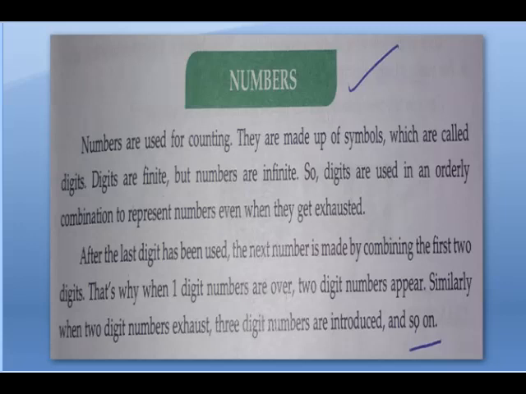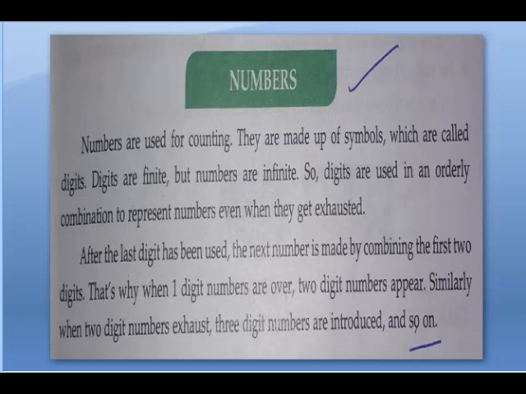Digits are finite but numbers are infinite. How digits are finite? Digits means the numerals from 0 to 9. So we are able to count. There are 10 digits, that is 0 to 9. But numbers are infinite.